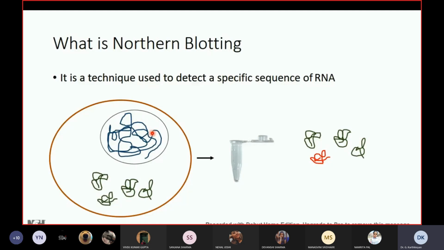Because in certain types of cells, the gene might be overexpressed or non-expressed. For example, I performed Southern blotting, and I see that I have the gene. Now I know that I have the gene, but I want to know if this gene is being expressed or not.